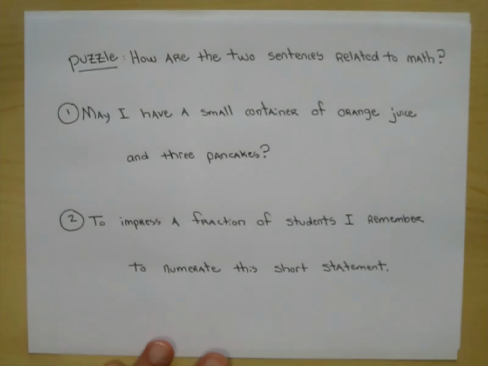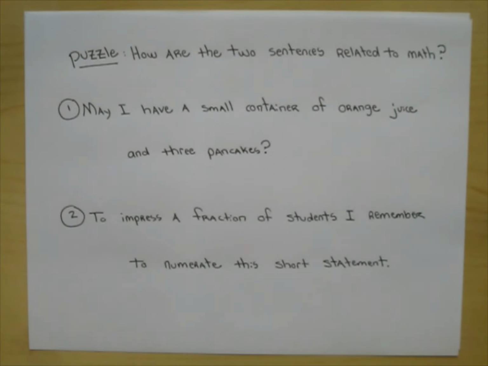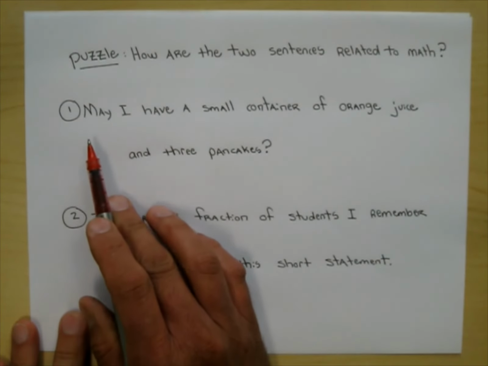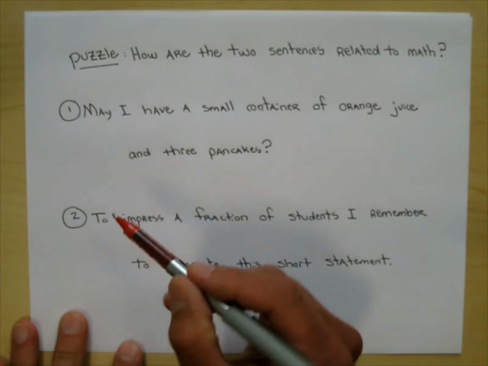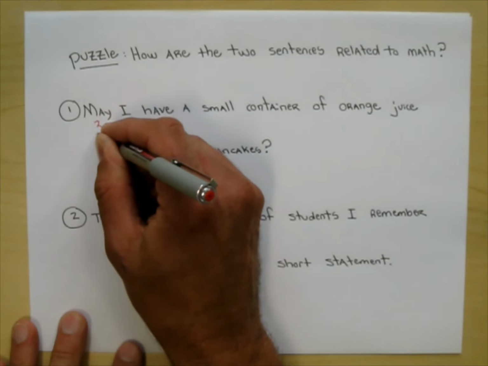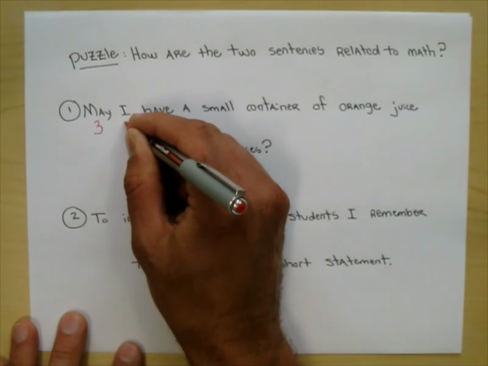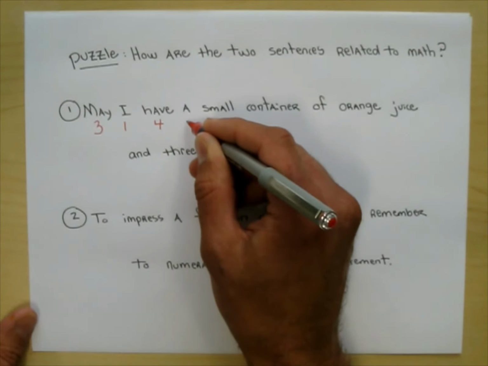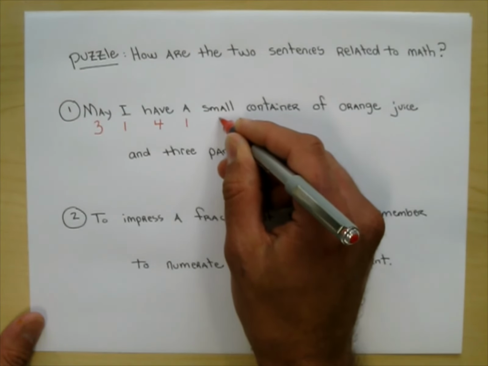How are the 2 sentences related to math? So here it goes. Some of you may have figured this out. What you want to do is count the letters in each word. So look, this one has 3. I have 1, 4, 1, 5.